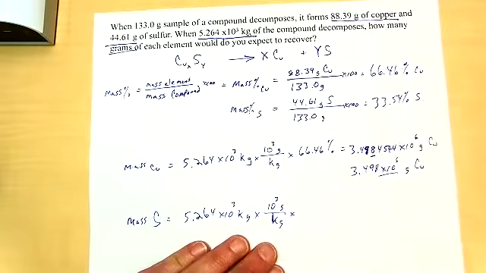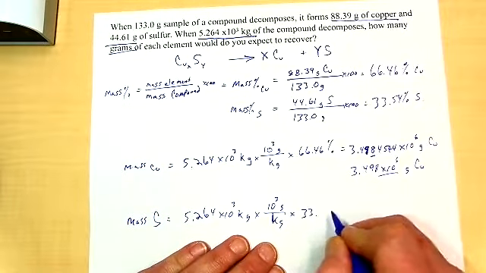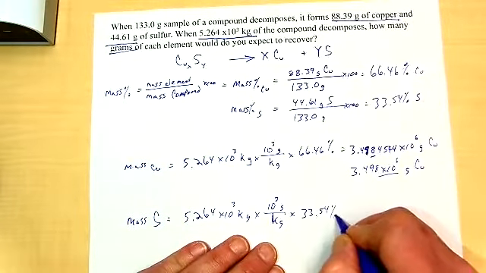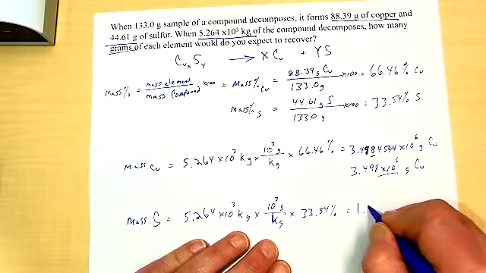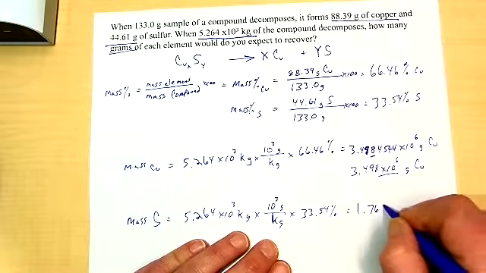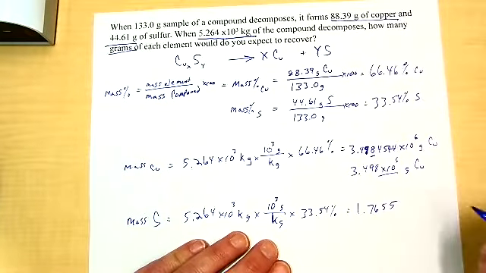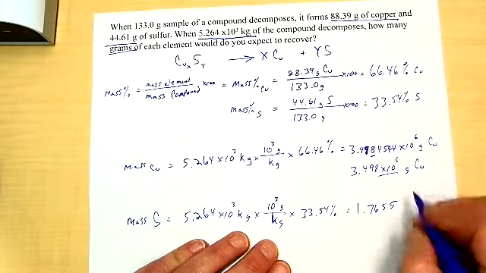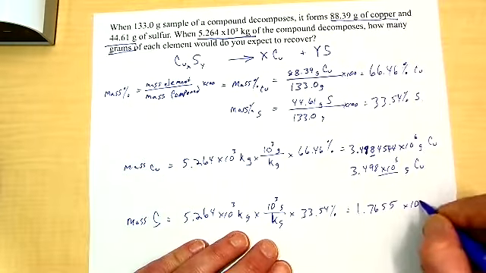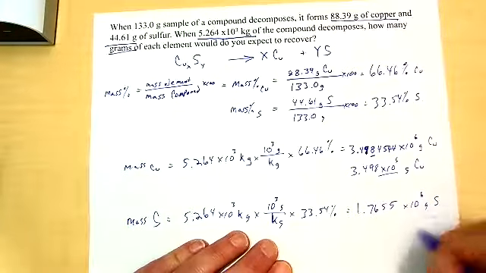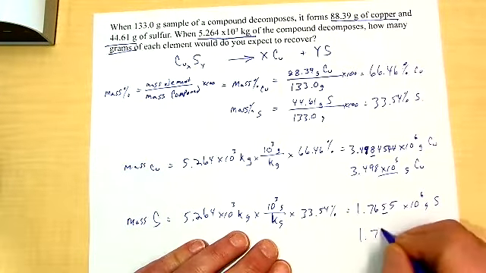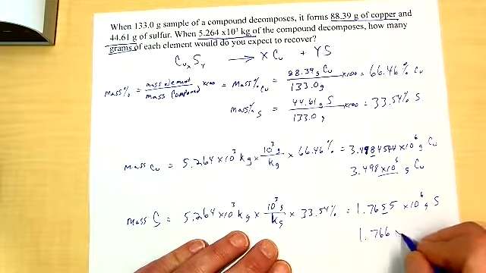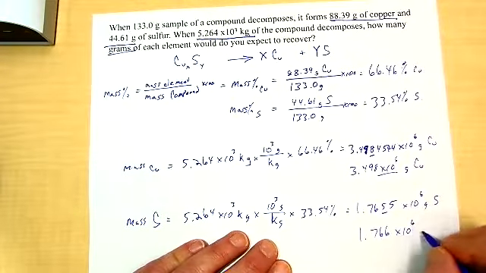And we multiplied them by 33.54%. And what we get here is 1.7655. I went to 5 sig figs here so that I could round my last digit. Really, we know we only have 4 sig figs, so this should be 1.766 times 10 to the 6 grams.